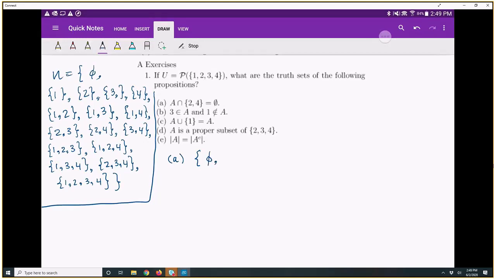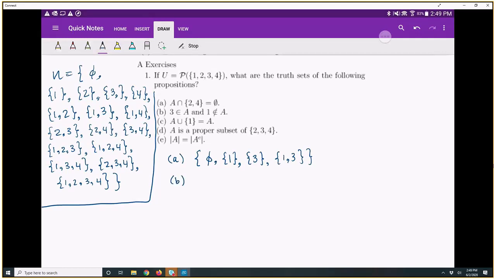Certainly when you intersect the empty set with {2, 4}, it's empty. Or it could be the set {1}, or it could be the set {3}, or it could be {1, 3}. Every other set contains either 2 or 4, so this is the full truth set for part A.